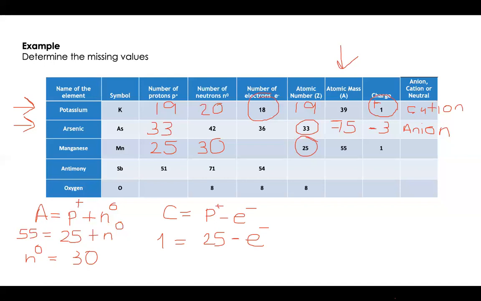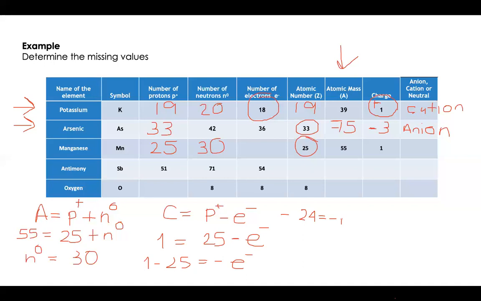If I reorder this equation, okay, I will have 1 minus 25 is equal to minus electrons, minus 24 is equal to minus electrons.